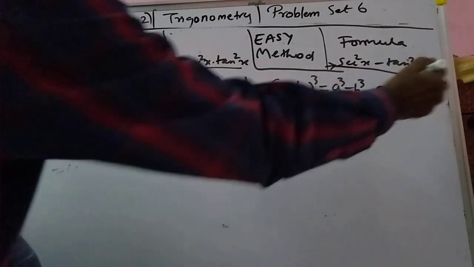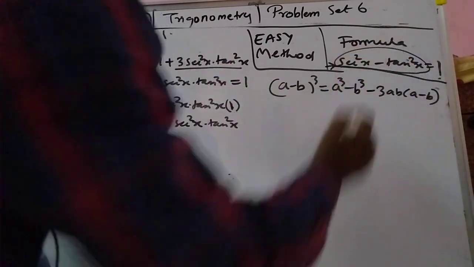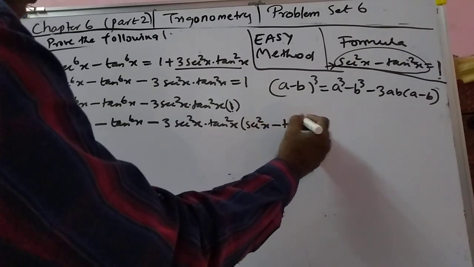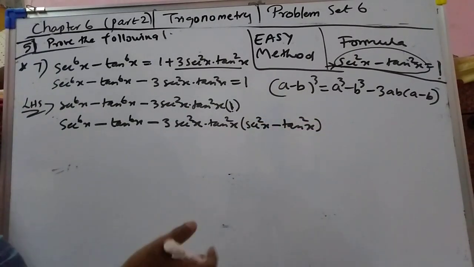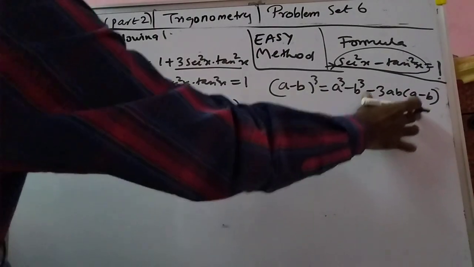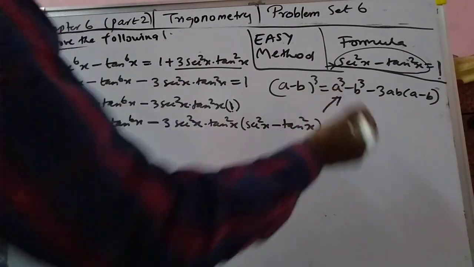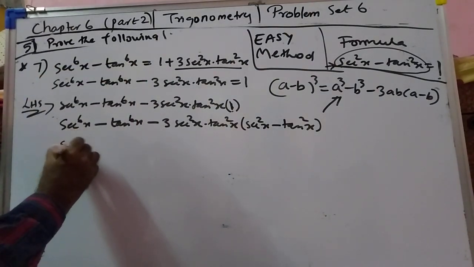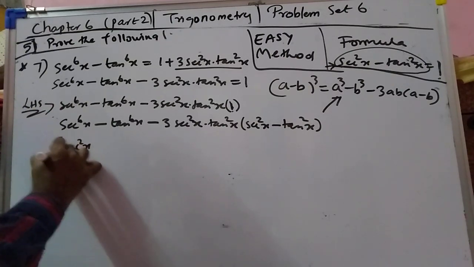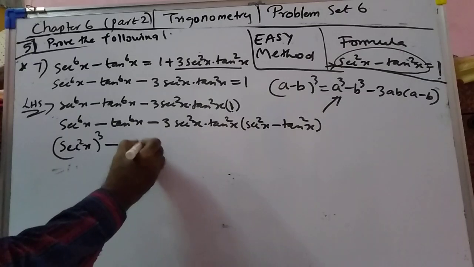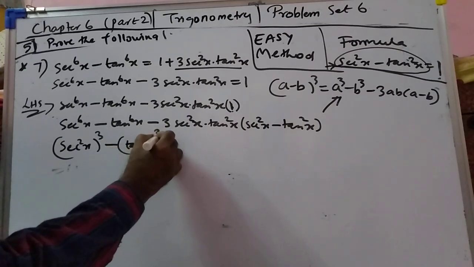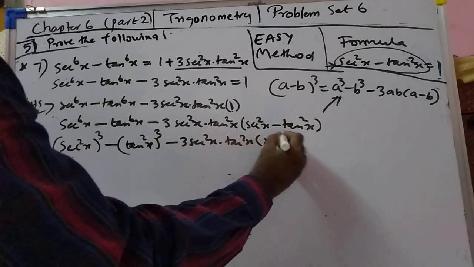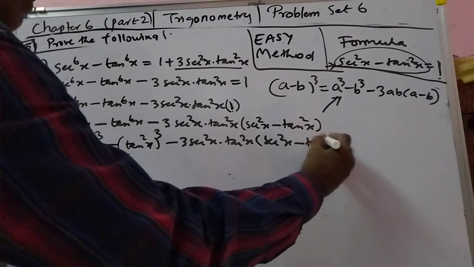But that 1 is equal to this, so instead of 1 we write sec square x minus tan square x, because that is 1. Now this formula is fitting here. So we can write it like this: sec square x the whole cube minus tan square x the whole cube minus 3 sec square x dot tan square x times sec square x minus tan square x.